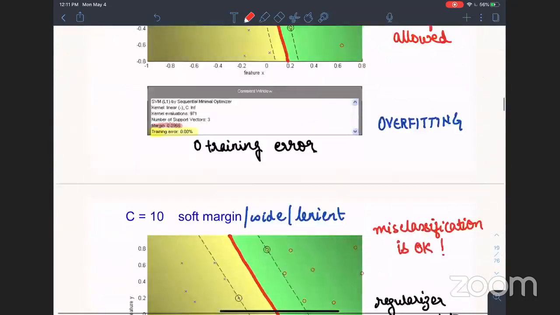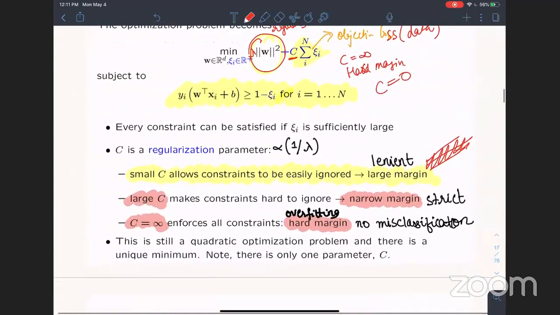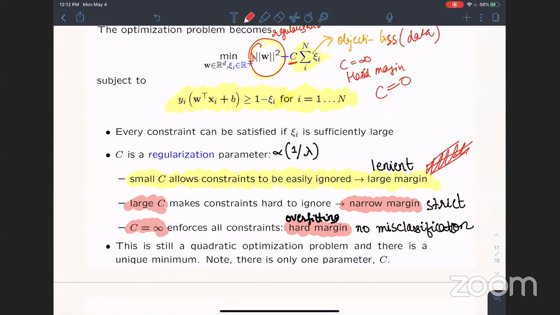Okay, that was all about the soft margin classifier. Is everyone convinced that decreasing W leads to increasing margin? Just look at this equation, y times W transpose xi plus b.